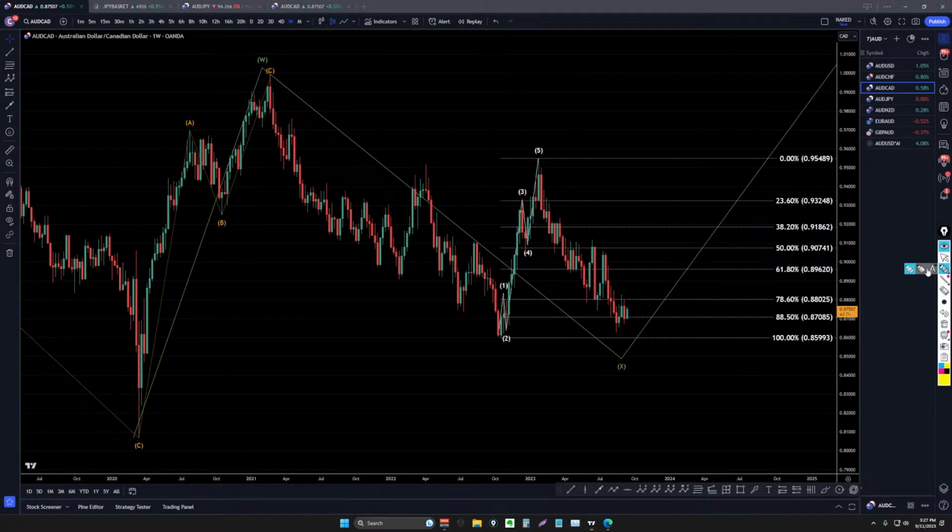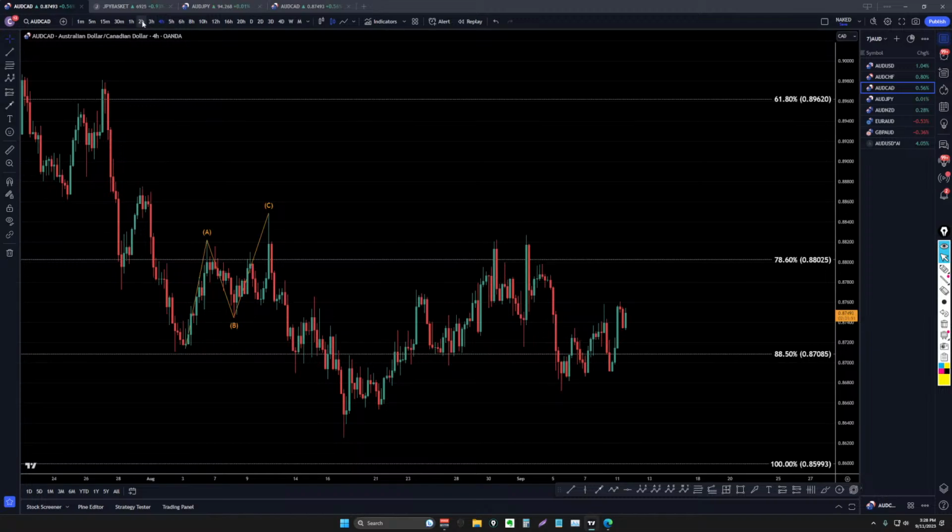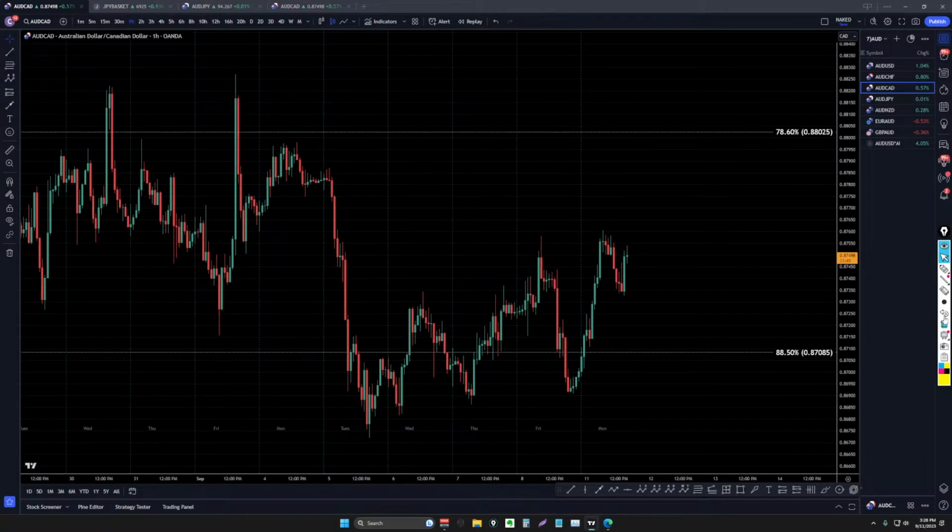Yeah, which I don't really think it is. Probably going to go down and grab this liquidity before we go up again. Yeah, we'll have to see what happens with this. This is another one that I'm watching very closely, because to me it looks like a trend, it looks like a correction. It looks like it could go down again.